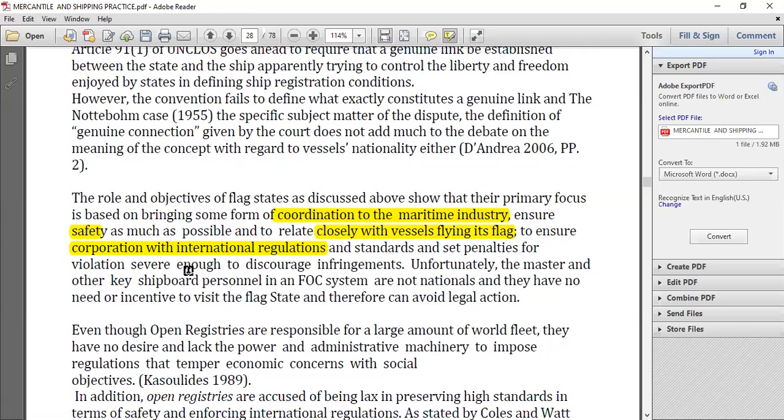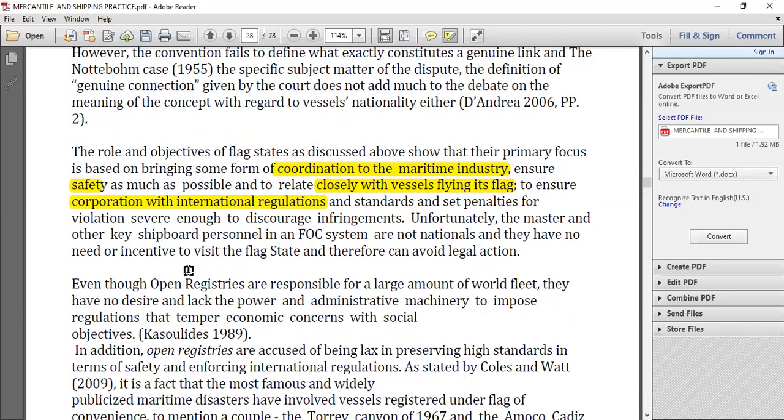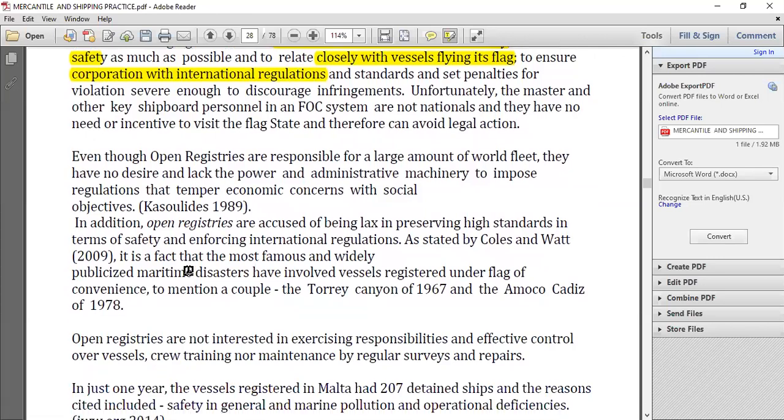So even though open registries are responsible for a large amount of the world fleet, they have no idea, no desire, and lack the power and administrative machinery to impose regulations that temper economic concerns with social objectives. In addition, open registries are accused of being lax in preserving.